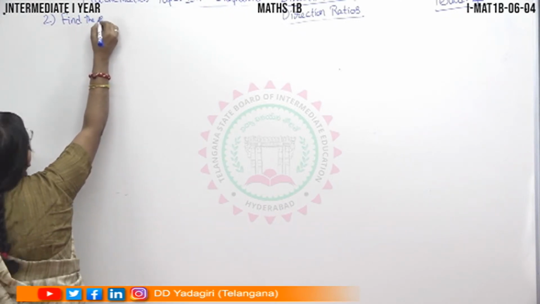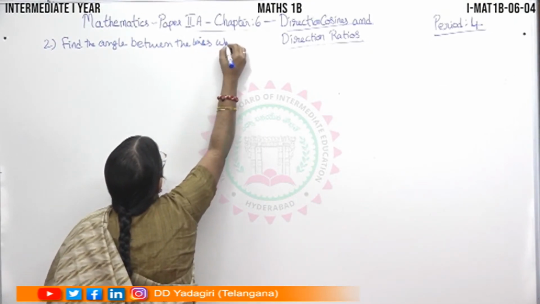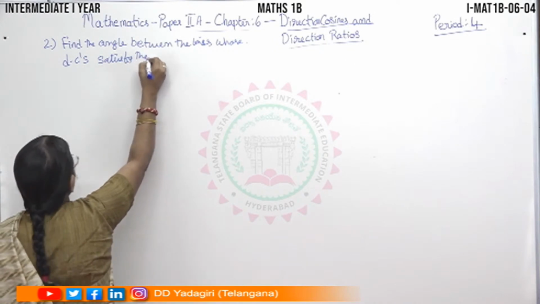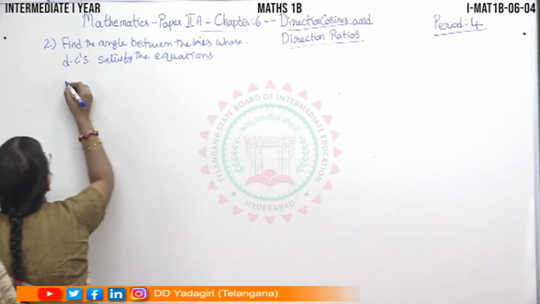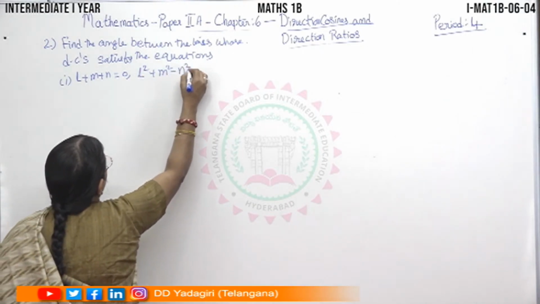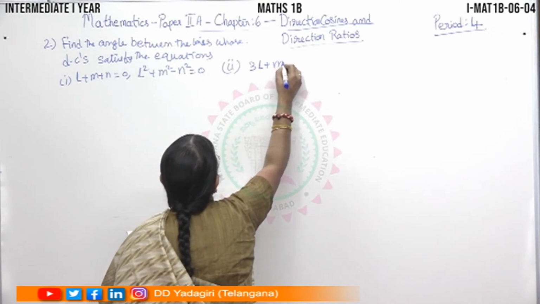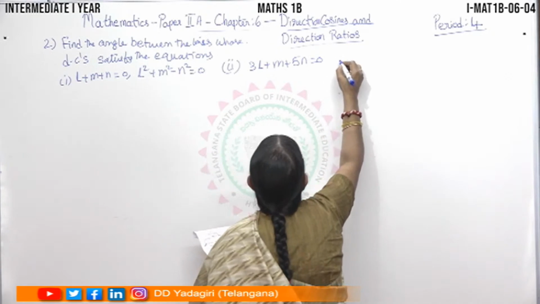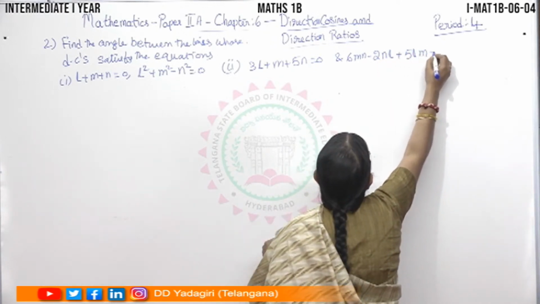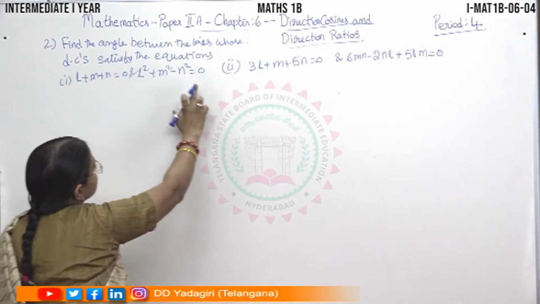So next problem, find the angle between the lines whose direction cosines satisfy the equations.